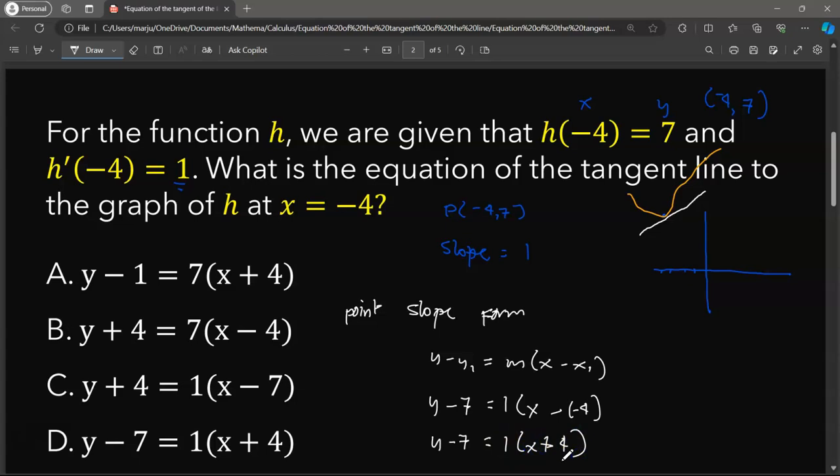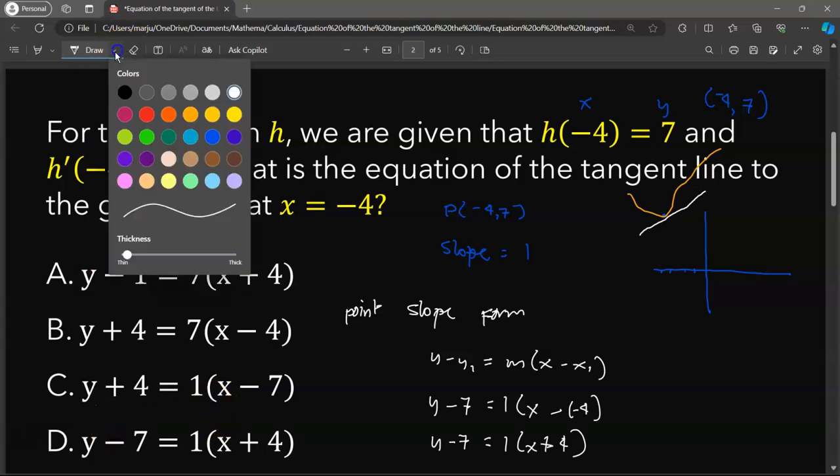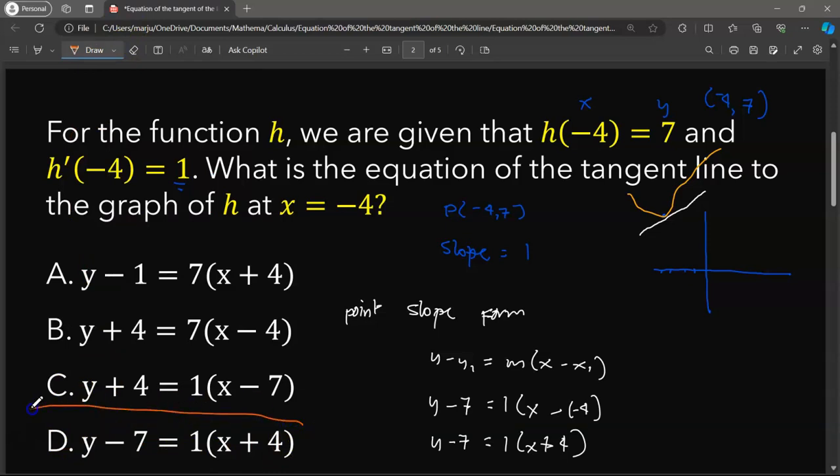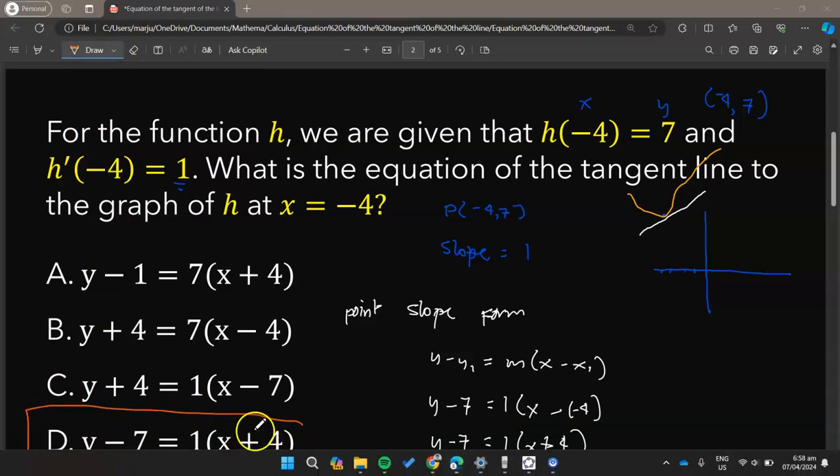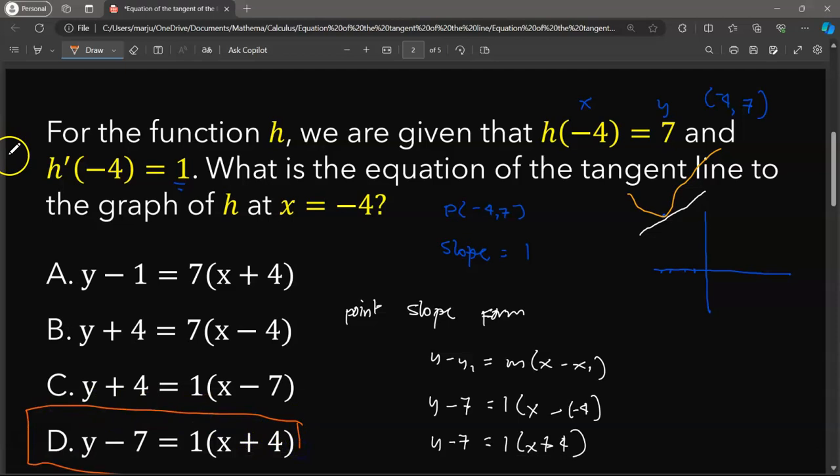Looking at our choices, that is letter D. So this will be the equation of the tangent line to the graph of h at x equals negative 4.